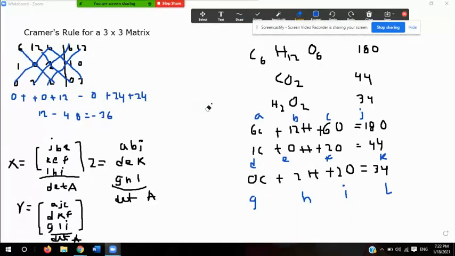Let's look for x. x would equal J, B, and C, which in this case would be 180, 12 and 6, sorry.